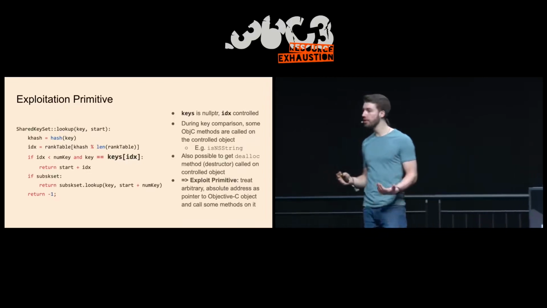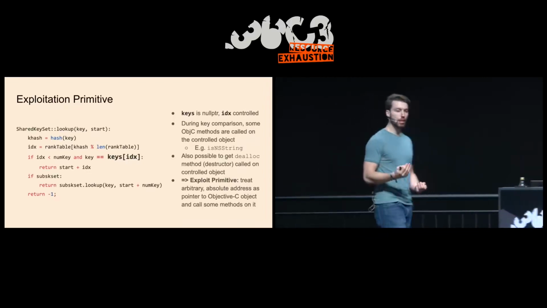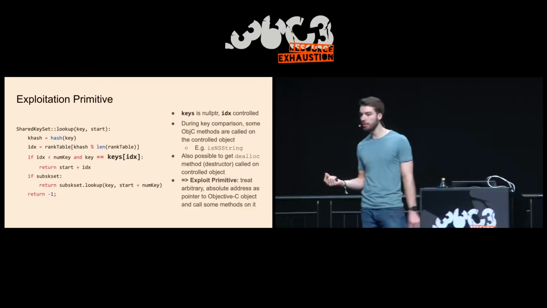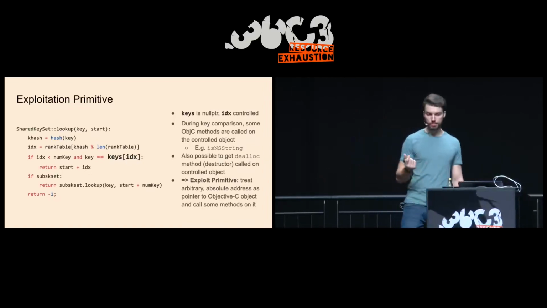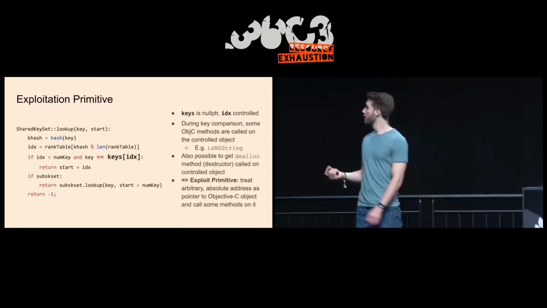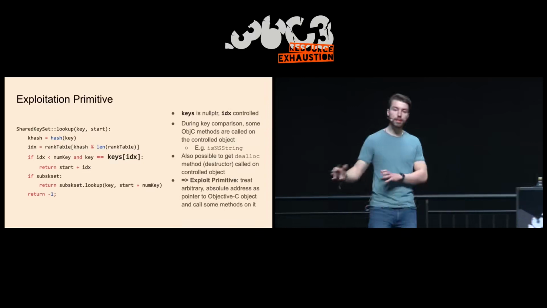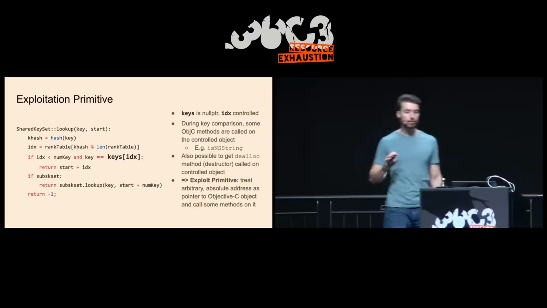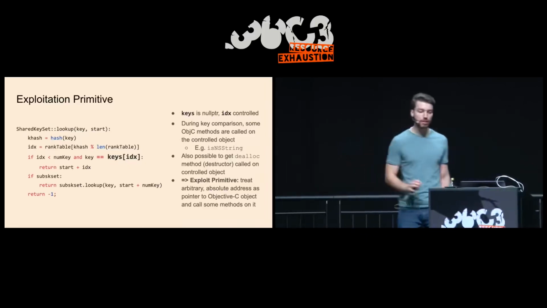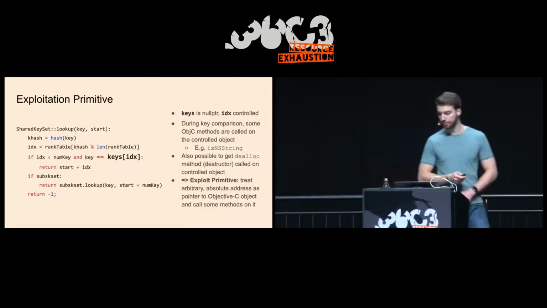It's doing some comparison, which means it calls some method, like isNSString, for example. And then eventually it calls dealloc, which is the destructor. So whatever it reads from memory, it will treat as an Objective-C object and call some methods on it, and that's our exploitation primitive.